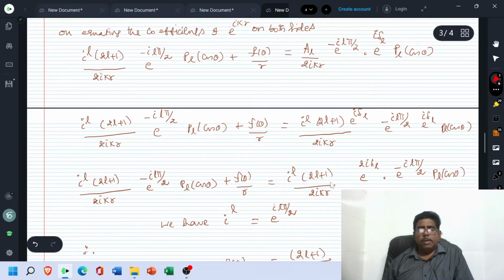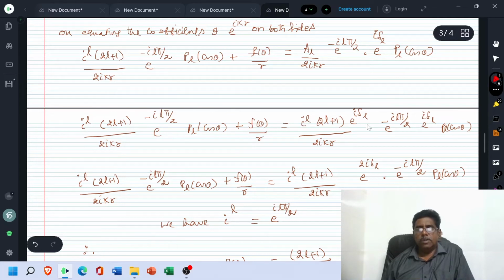We may have the equation of this form. Here e^(iδ_l) into e^(iδ_l) is e^(2iδ_l), e^(-ilπ/2) P_l(cos θ). We have i^l equal to e^(ilπ/2). Therefore, instead of i^l, if you put e^(+ilπ/2), these two terms are cancelled out.